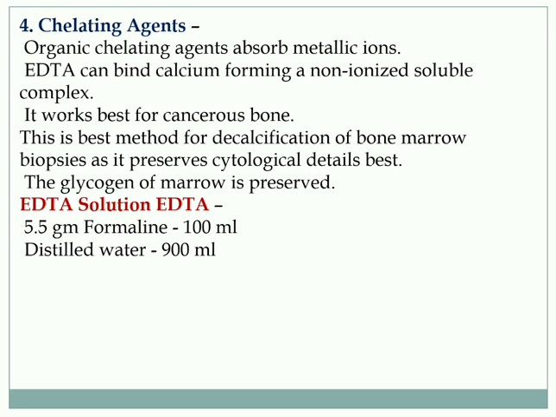This works best for cancerous bone. This is the best method for decalcification of bone marrow biopsies, as it preserves cytological details the best. EDTA solution contains EDTA, formalin and distilled water.